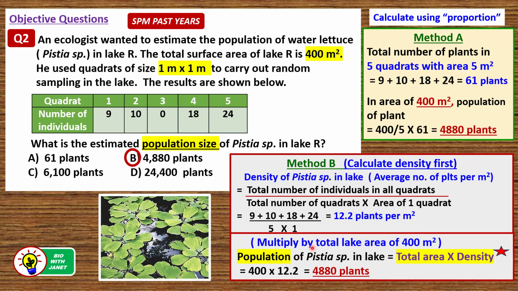Now you multiply by the total lake area, which is 400 meters squared. For 1 meter squared, you have 12.2 plants. So in an area of 400 meters squared, how many plants will that be by proportion? So 400 times the density. The total area times density will give you the total number of plants, or the population of Pistia species, which is 4880 plants also.